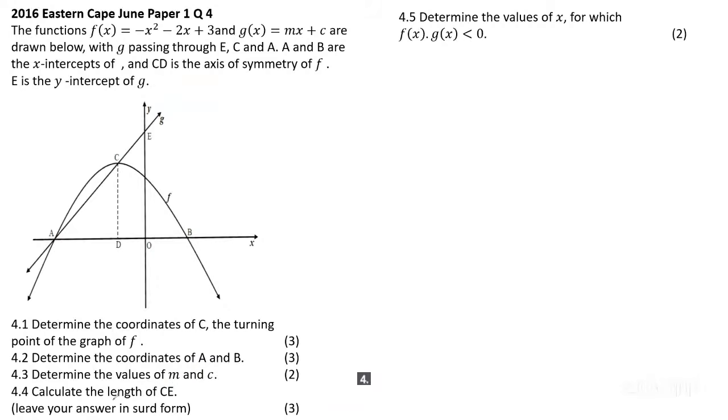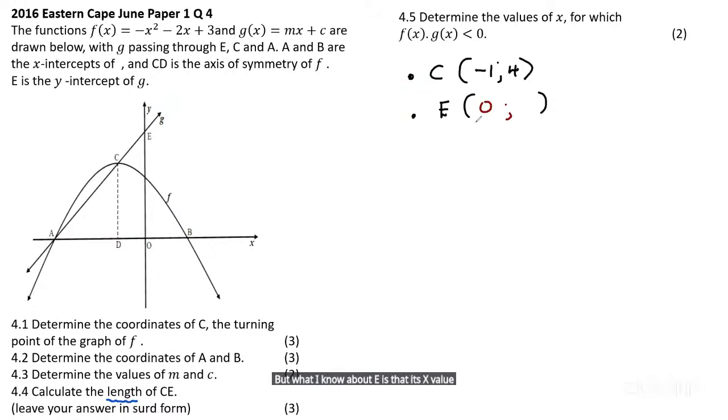4.4, calculate the length of CE and leave your answer in surd form. CE. C, I know you. C, you are -1 and 4. E, I don't know you. But what I know about E is that its x value is 0.